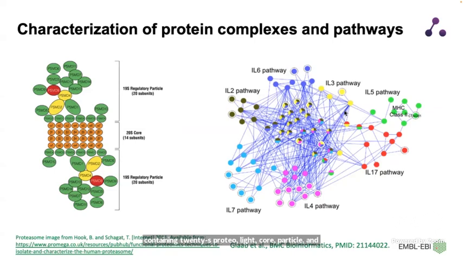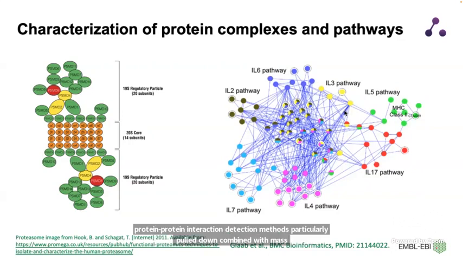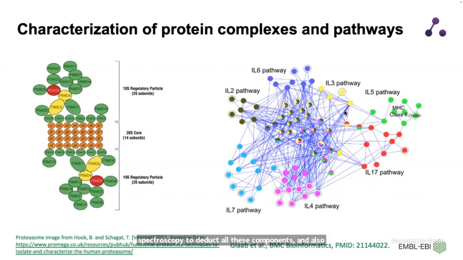This work has been taken from a Promega UK group, which used protein-protein interaction detection methods, particularly pull down combined with mass spectroscopy, to detect all these components. They also did protein-protein mapping experiments to find out the binary interactions.